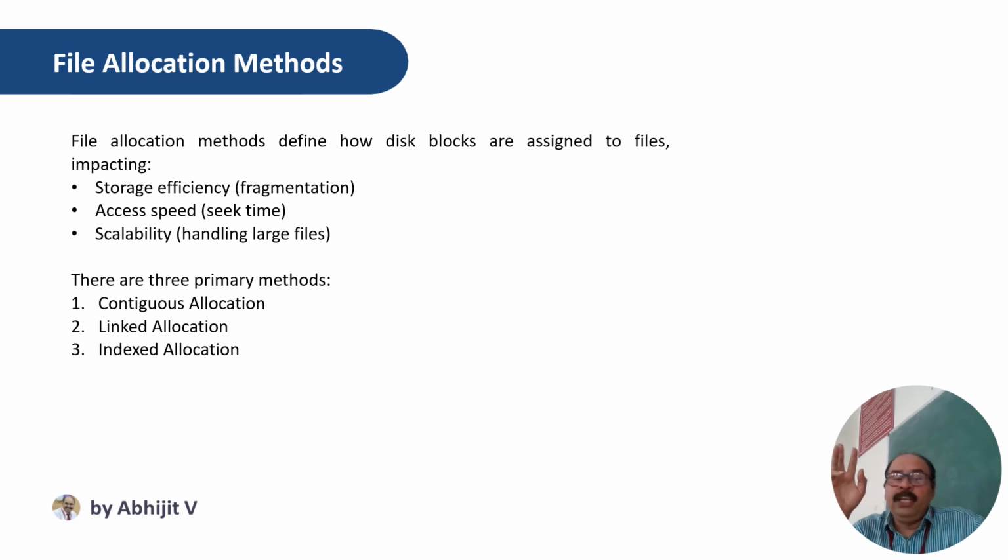There are three primary methods. First method, contiguous allocation. Second method, linked allocation. Third method, indexed allocation.